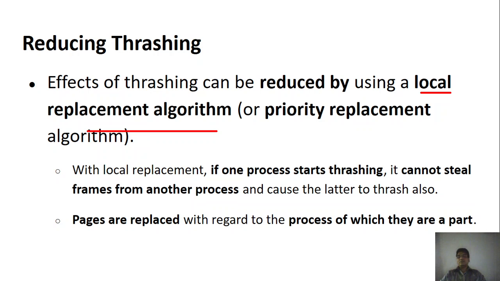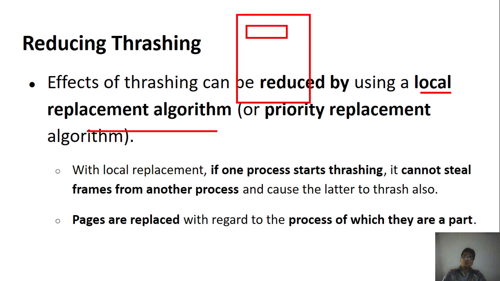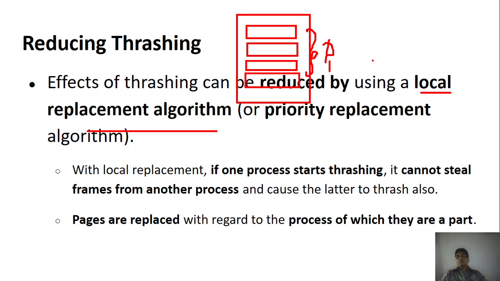In this algorithm, suppose there is a processor, and there are a lot of pages associated with the process. Suppose these many frames are associated with the process P1, and P1 comes to the operating system and says, I want one frame. Then the operating system will not disturb the other processes, rather it will try to replace its own frame.